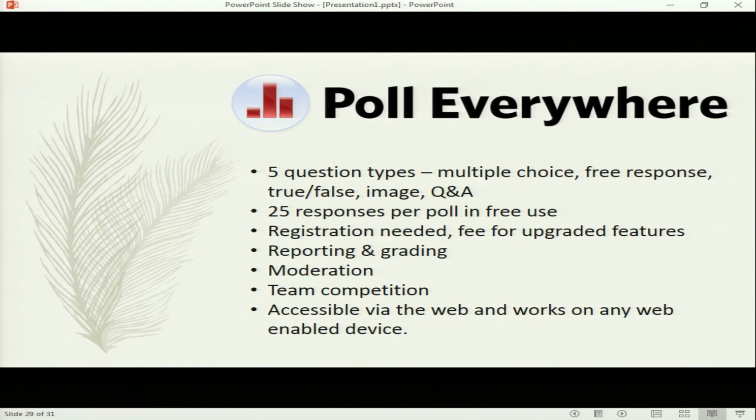Poll Everywhere. Probably you have already seen this. There are 5 question types here, and there's also free response and also image. You can upload images here, so it's going towards multimedia. Poll Everywhere is free until a certain point.